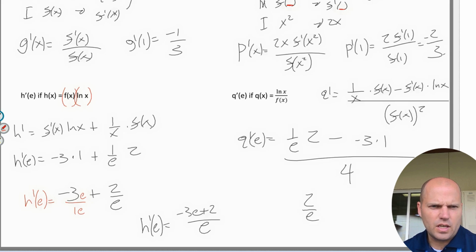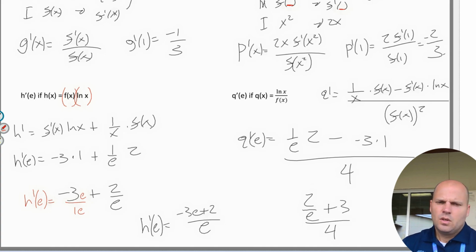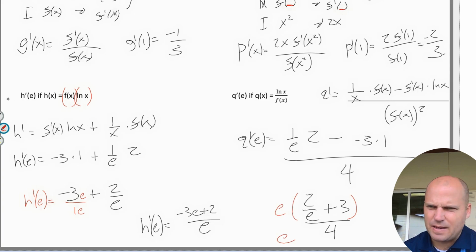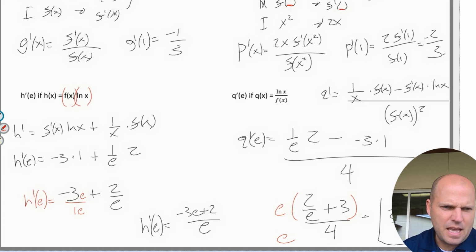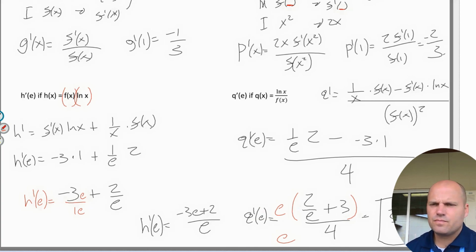So 2 over e plus 3 over 4. Usually I don't like fractions inside of fractions. Multiply everything in the top by e, multiply everything in the bottom by e, and you would get 2 plus 3e over 4e. Maybe this is the answer we're looking for.